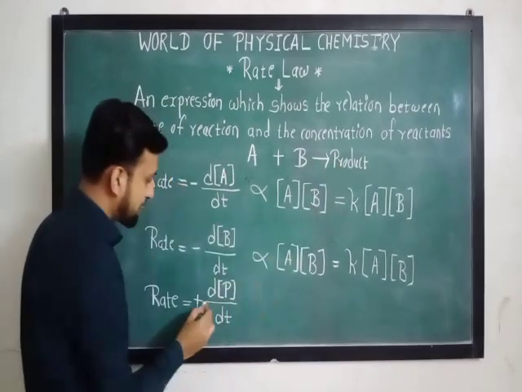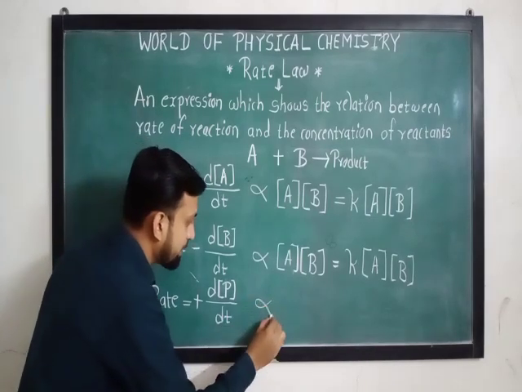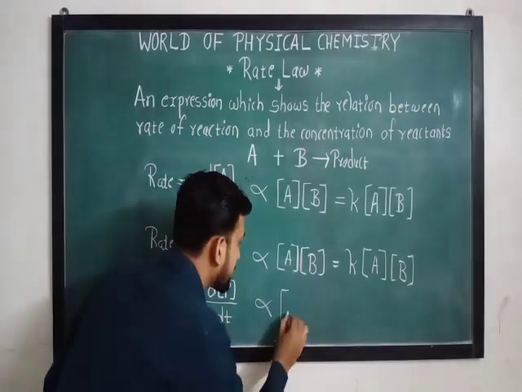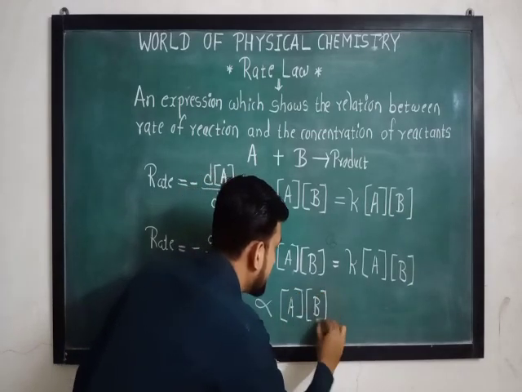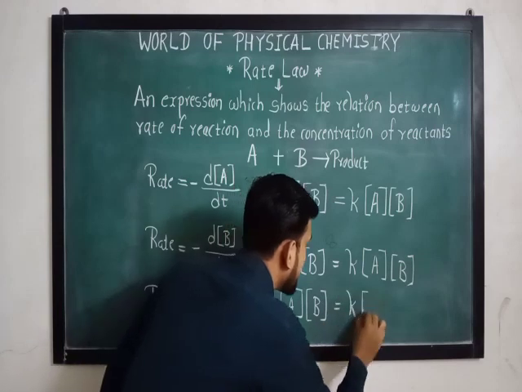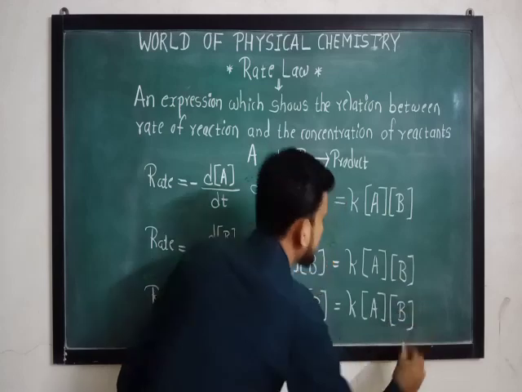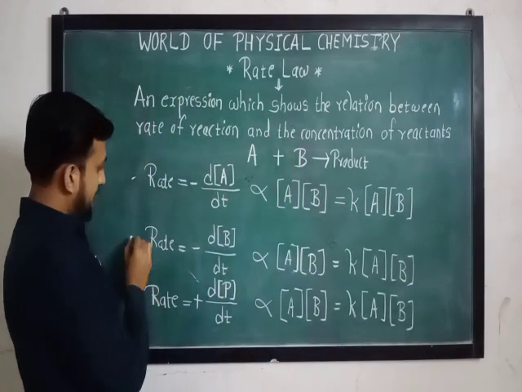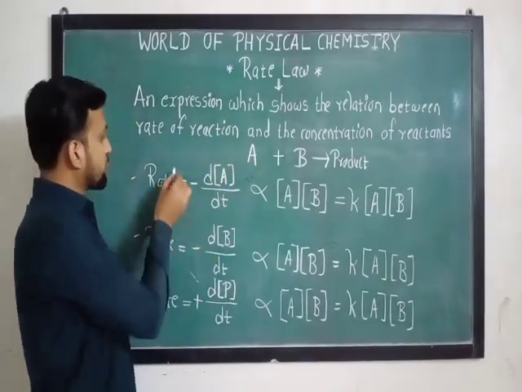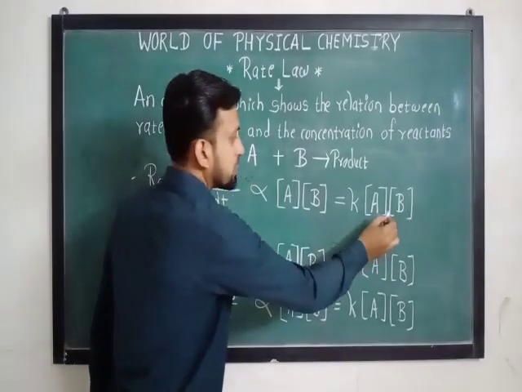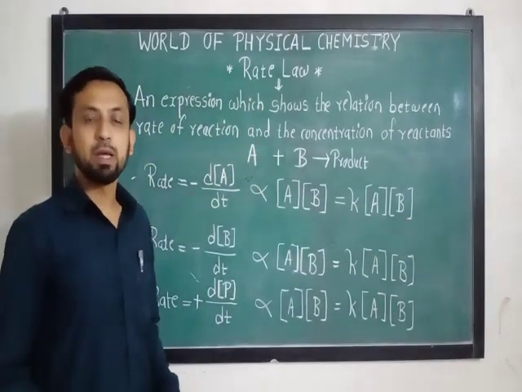Here product is forming, therefore we put a positive sign, and this rate of reaction is directly proportional to concentration of A and concentration of B, that is k times concentration of A and concentration of B. All these three expressions show how the rate is related with concentration of reactants. It is nothing but rate law or rate expression.